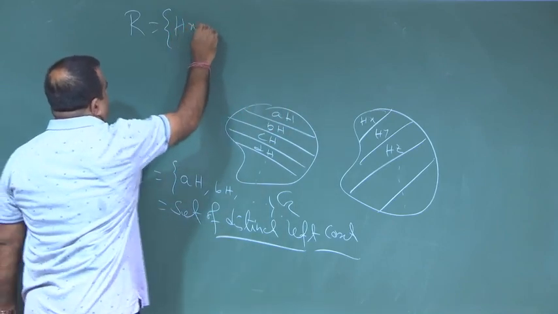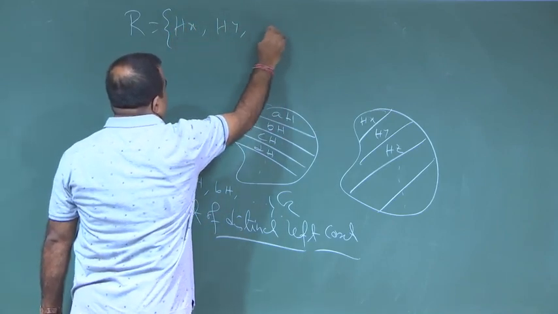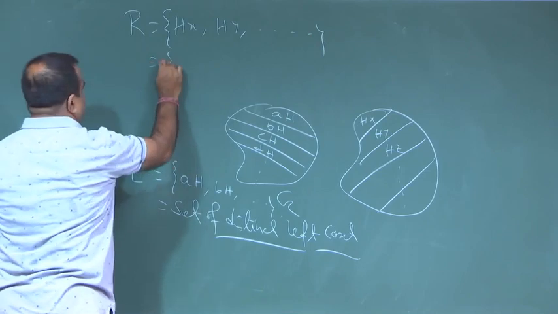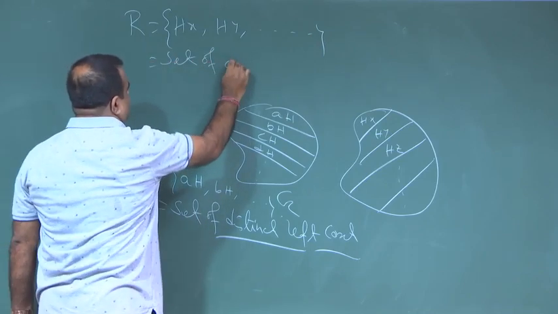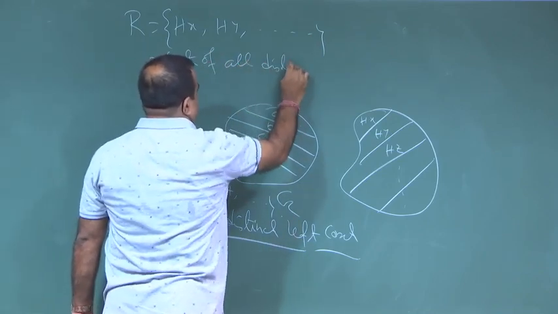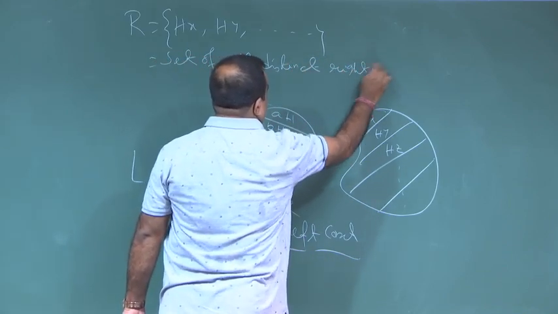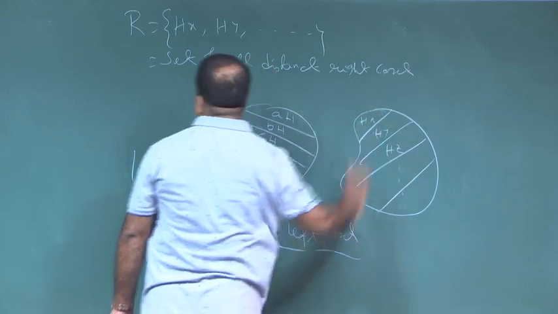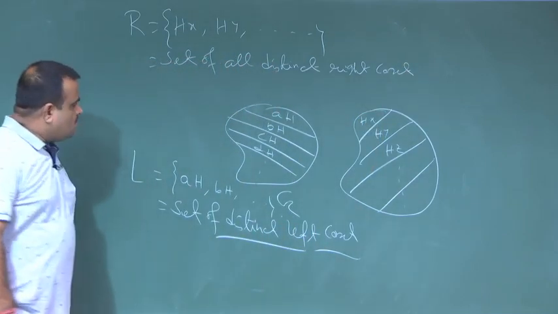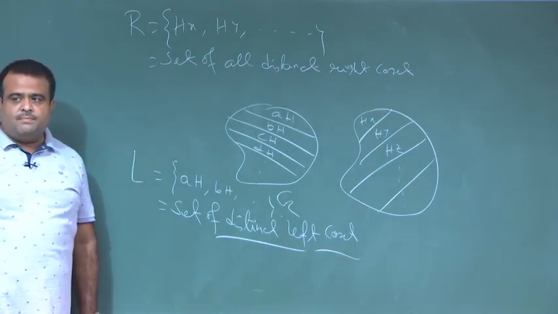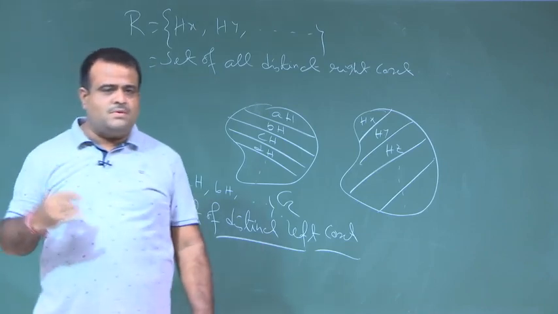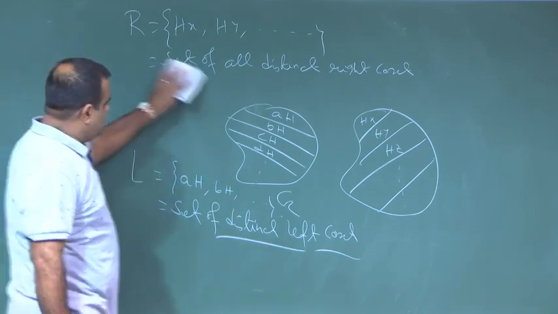So, our aim is to have a bijective mapping from L to R, then we are done.